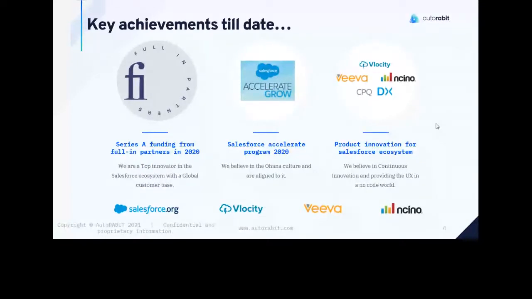Then we have Vlocity for telecom, energy, utility, all these businesses, right? Specifically, ISV managed packages developed on top of the Salesforce platform for all these industries. And then Veeva for healthcare, life sciences, or pharma. When it comes to insurance, Vlocity also works very well. When it comes to banking and financial services, nCino is the leader.